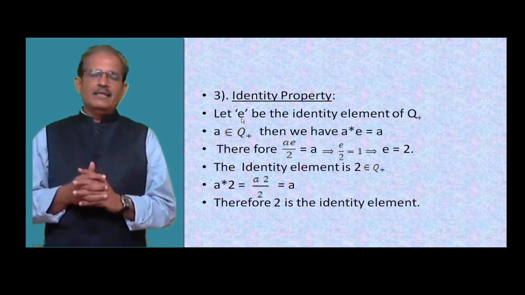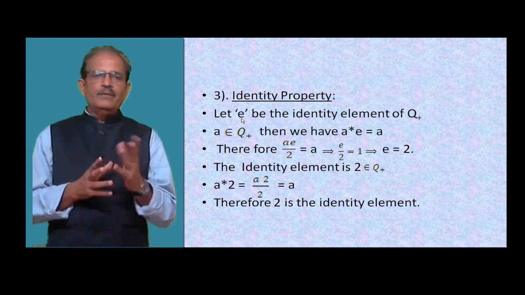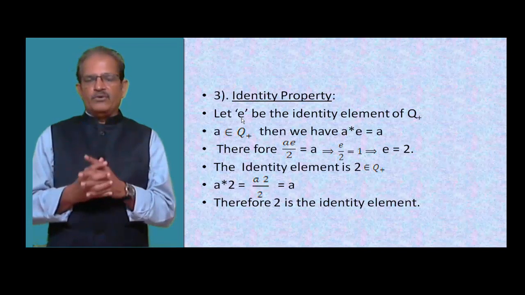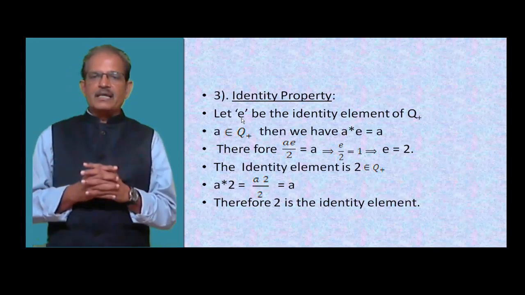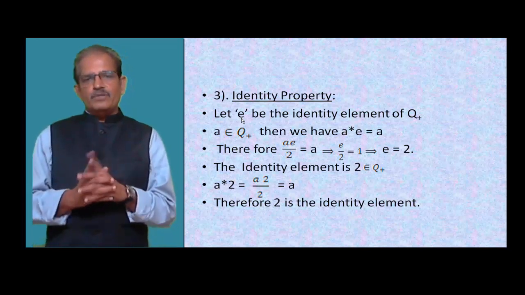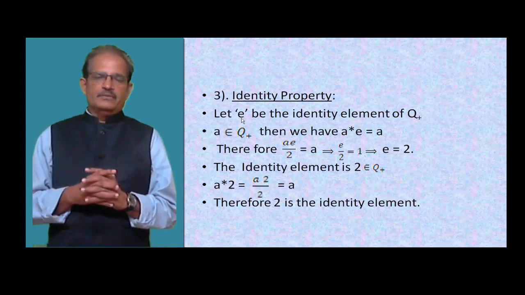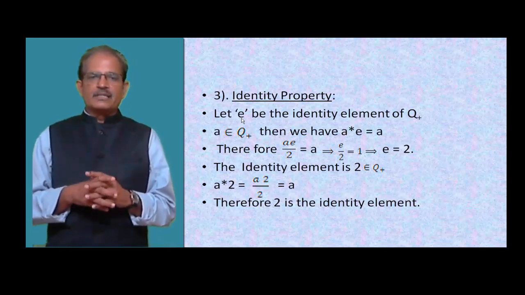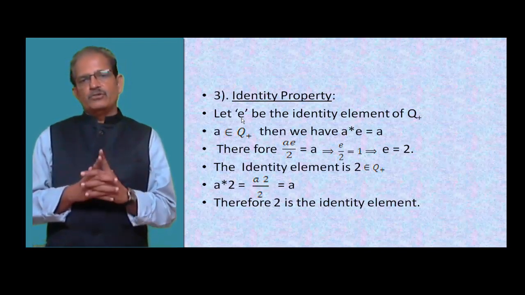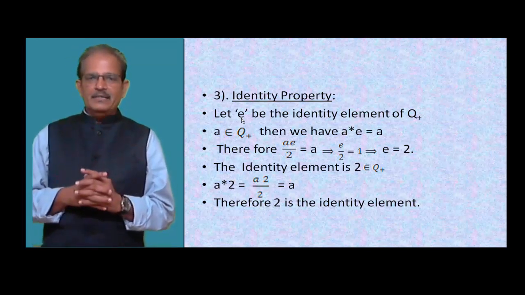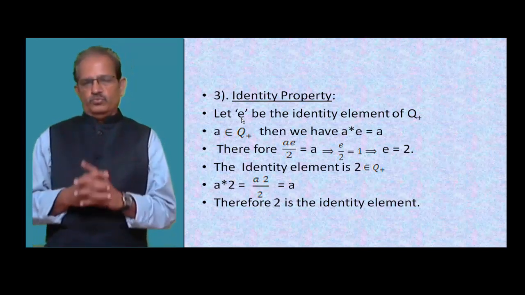So if E is the identity element, A is an element of Q plus, any element, then we have A star E is equal to A. Because you said E is the identity, A star E becomes A. So by definition of star binary operation, A star E is nothing but AE by 2, that is A. So when AE by 2 is equal to A, A gets cancelled, E by 2 becomes 1. Implies E is equal to 2.